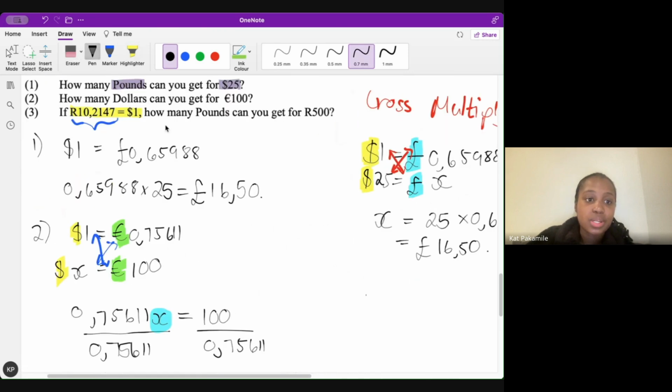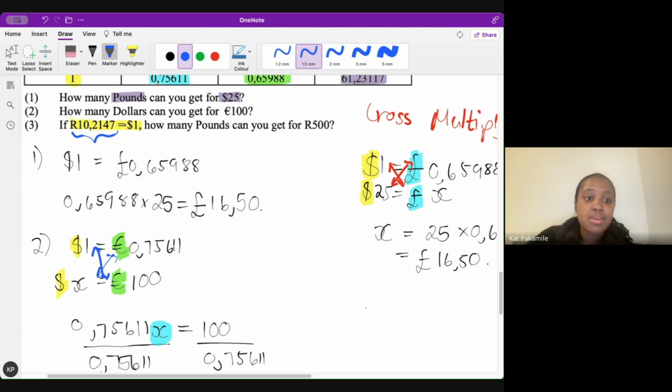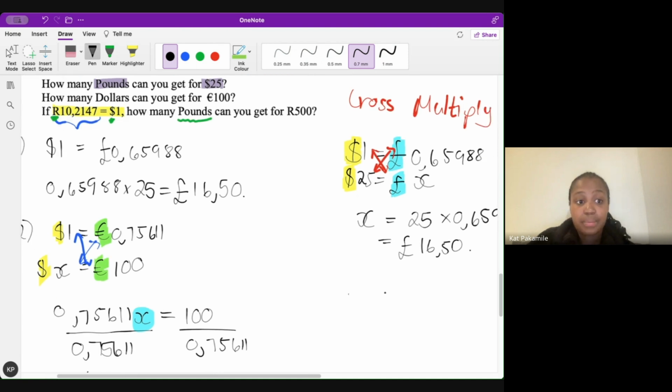We have established what it is. So they say if this many rands is equal to $1, how many pounds can you get for 500 rands? Okay, in case you didn't notice, there are 3 units here. There are rands, there are dollars, and there are pounds. This is very outdated, right? Currently, $1 is about 18 rand 50.